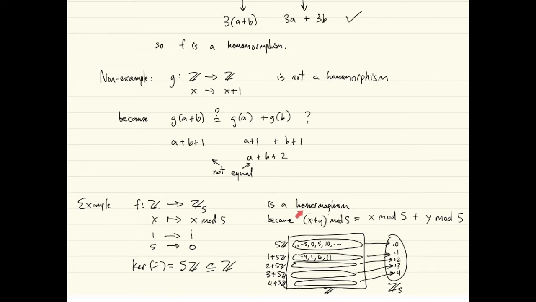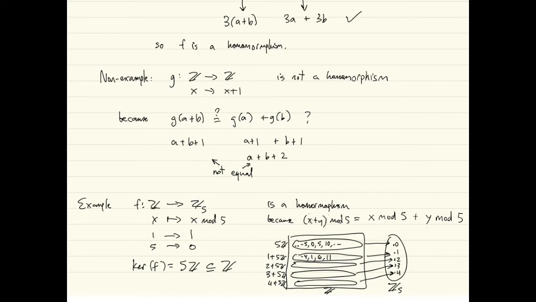Now this is a homomorphism because x plus y mod 5 is equal to x mod 5 plus y mod 5. That's just a property of modular arithmetic.